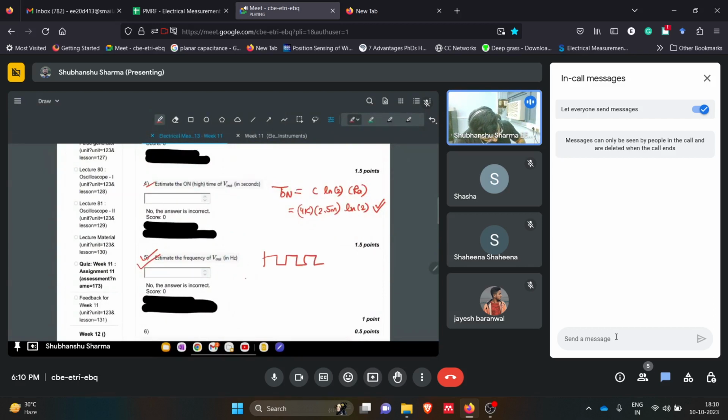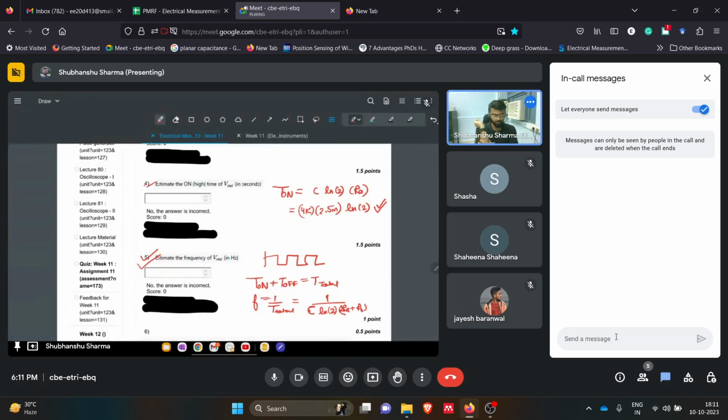So T on plus T off will be the T total, and frequency will be 1 by T total. In terms of formula you can write this as C ln of 2 into (2 RA plus RB).